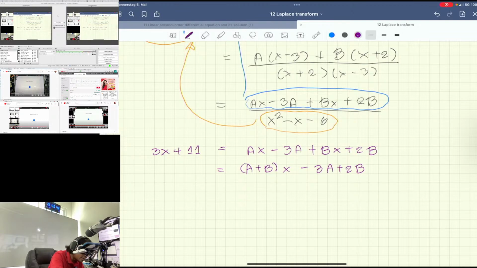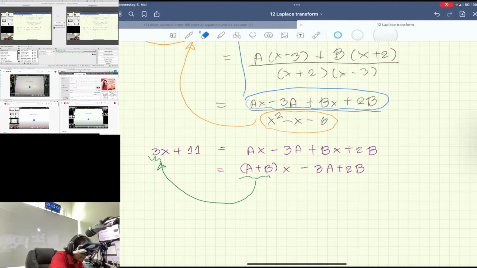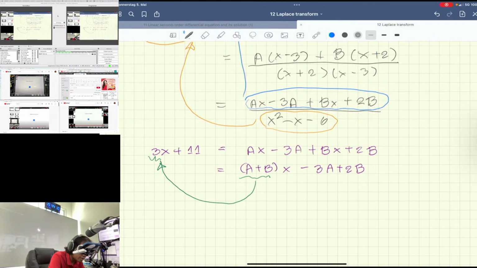And you can compare, right? Number 3 and A plus B should be equal to each other, and minus 3A plus 2B should be equal to 11, like this.